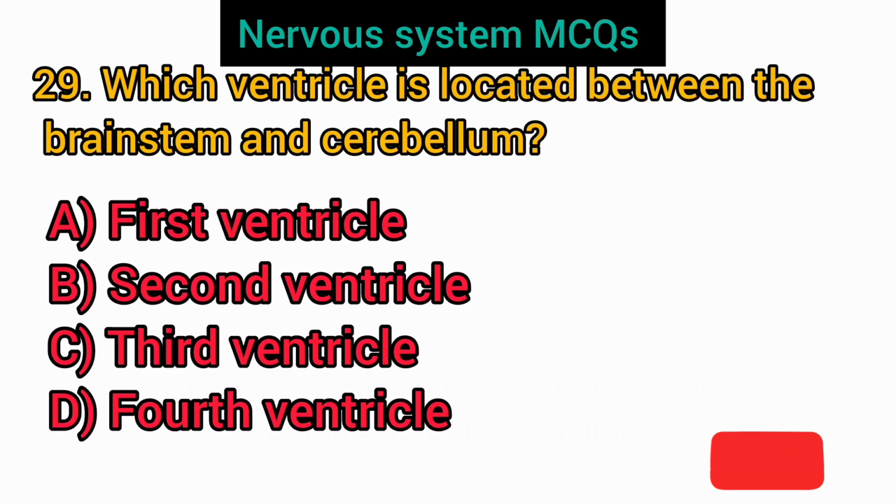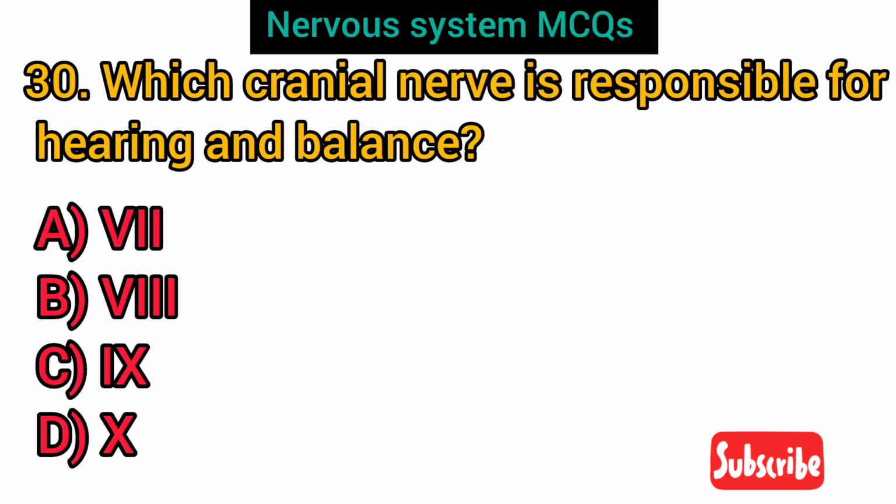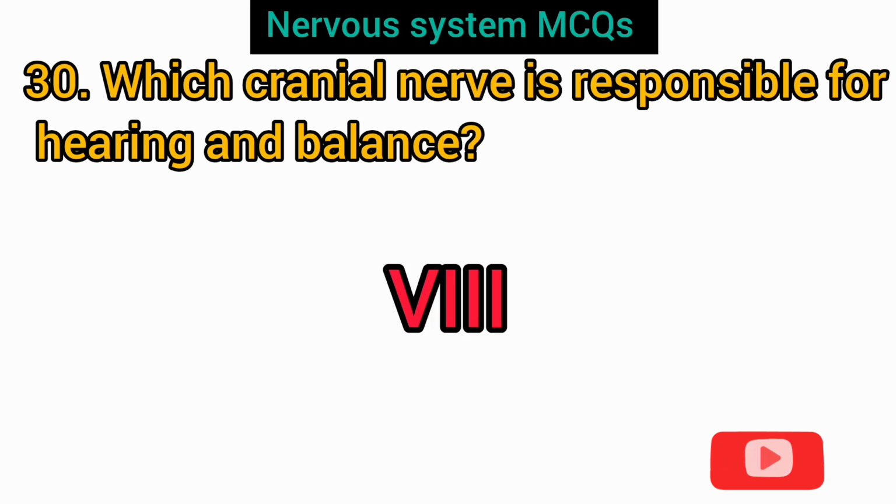Which ventricle is located between the brainstem and cerebellum? Fourth ventricle. Which cranial nerve is responsible for hearing and balance? Eight.